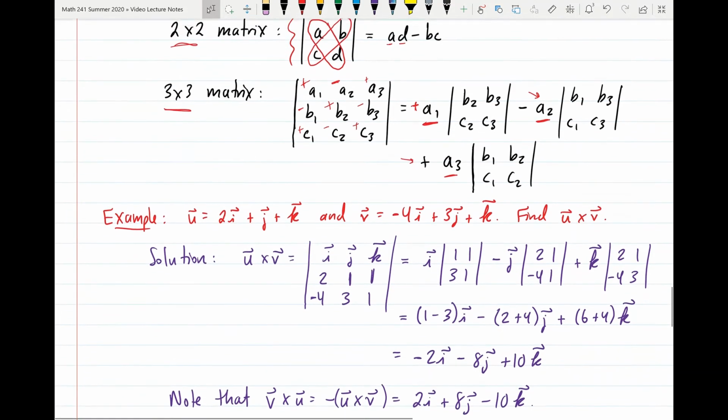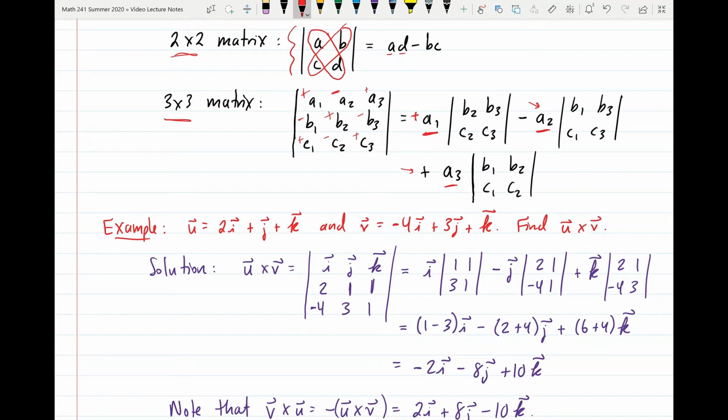Okay, so after we have decided which terms inside of the matrix are going to be positive and negative when we break down our 3 by 3 matrix into smaller matrices, now we're going to take the term A1, so that top left term, and we're going to multiply it by the 2 by 2 matrix that we get when we remove the row and the column containing A1.